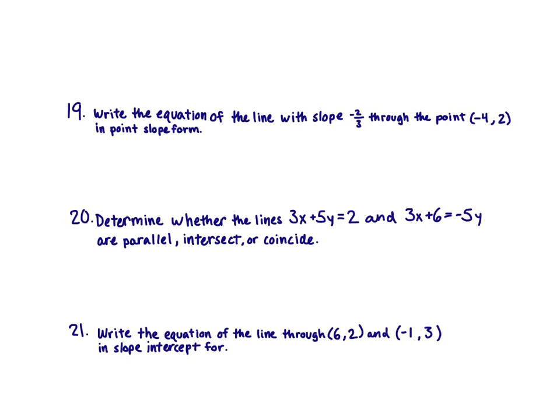Write the equation of the line with slope negative 2/3 through the point negative 4, 2 in point slope form. x minus, what's our x1? x plus 4.